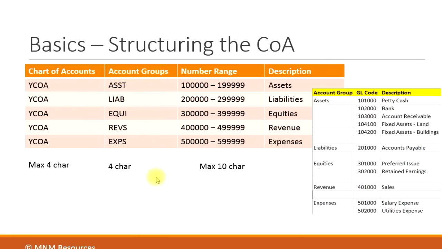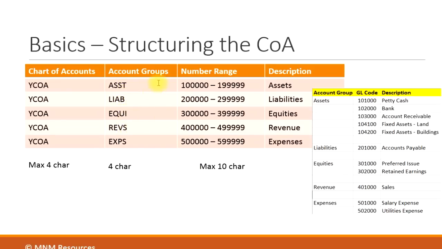But in this example, I have used just 5 account groups, which is 3 from the balance sheet, assets, liabilities, equities, and 2 from the P&L statement, that is the revenue and expenses. The account groups in SAP have to have 4 characters. For assets, I have used 4 characters as ASST, liabilities LIAB, and so on.